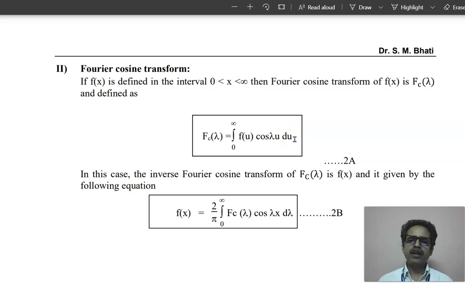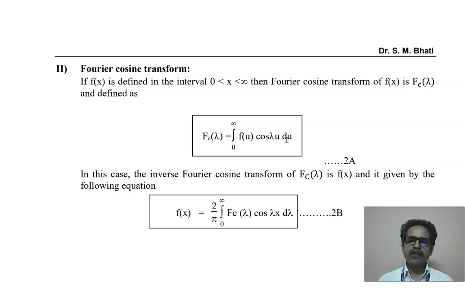You can see that here du, so u is a variable of integration and limit of u are 0 to infinity. And f of u can be obtained from f of x by replacing x by u.